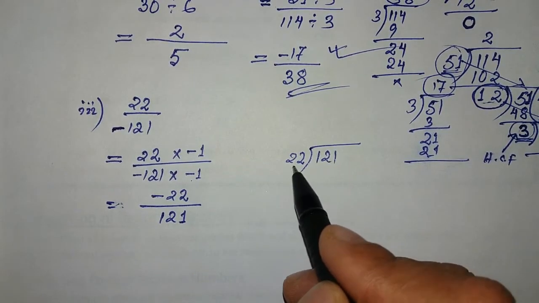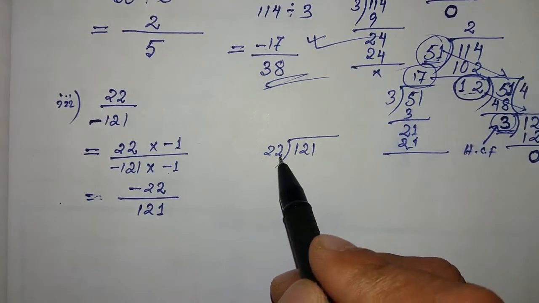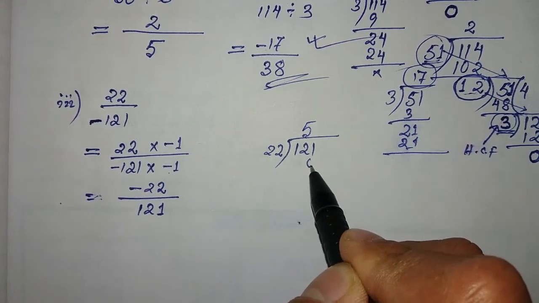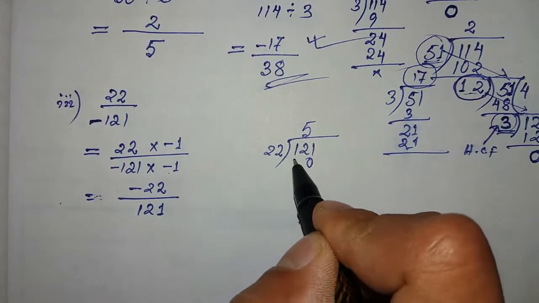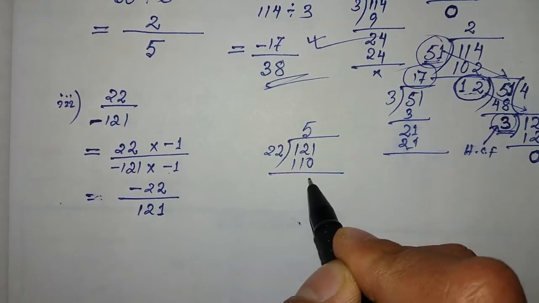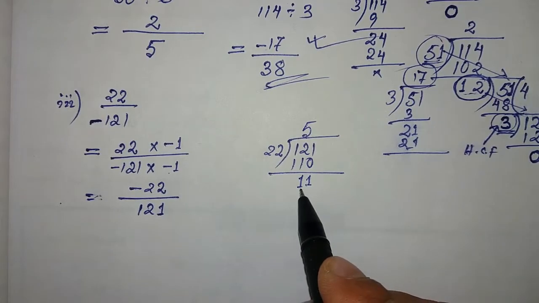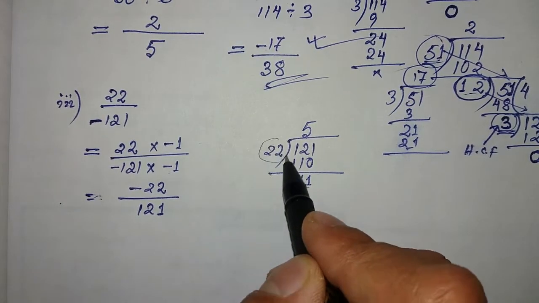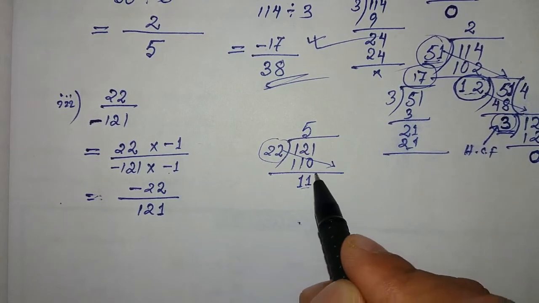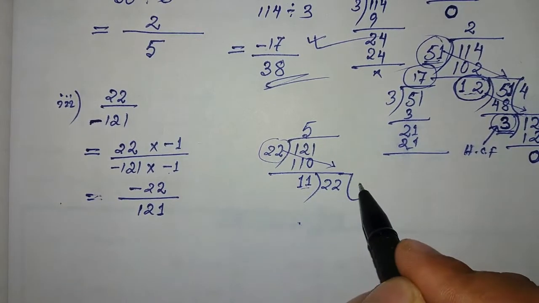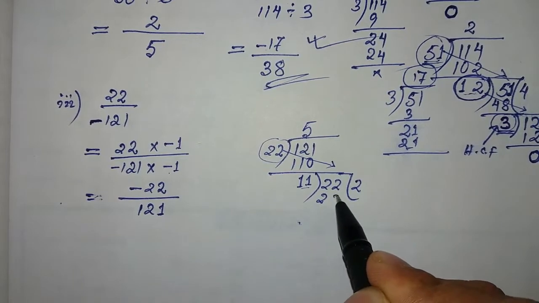You will divide the bigger number by the smaller number here. So 121 divided by 22. So 22 5s are 110, and we get remainder 11. Now this remainder again will divide this one. Now we'll take down this 22 here. Now 11 2s are 22.